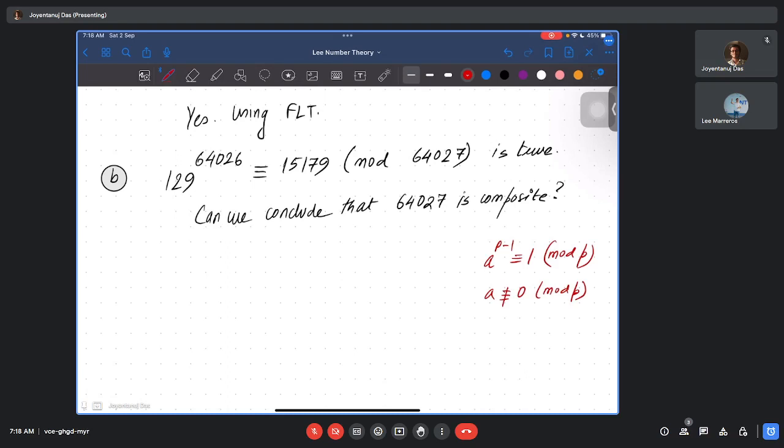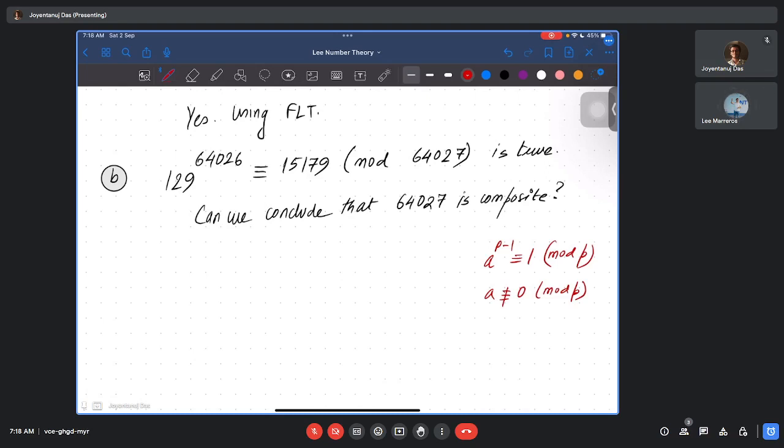That is saying that p does not divide a, so p is not a factor of a. So that is the statement, right?